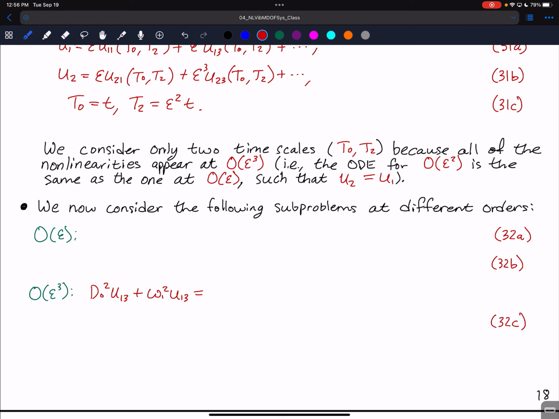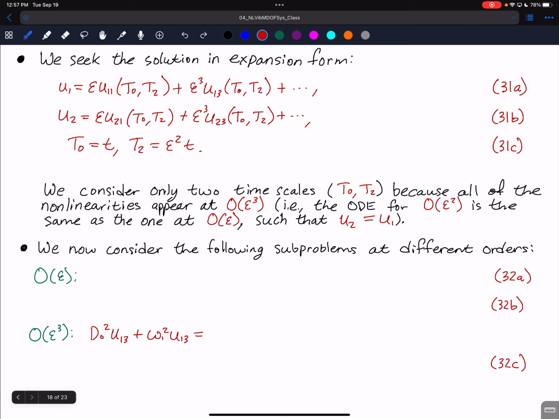And we're going to consider two timescales, T0, T2, and all the nonlinearities are going to appear at order epsilon 3, and that tells us that the ODE for order epsilon 2 is the same as the ODE for order epsilon 1, such that U2 is equal to U1, which should be like U21 equals U11 or something like that. Yeah, I left out a 1 here. I did not mean these U's up here. These are not equal to each other. It's that this term is equal to the second one.